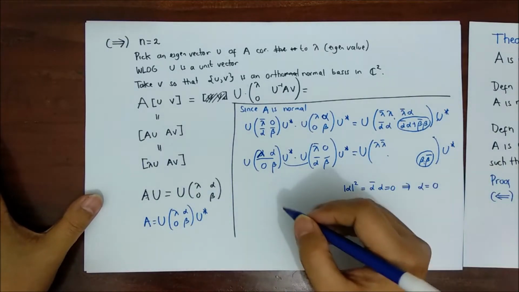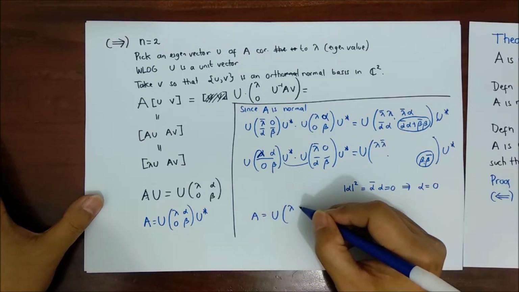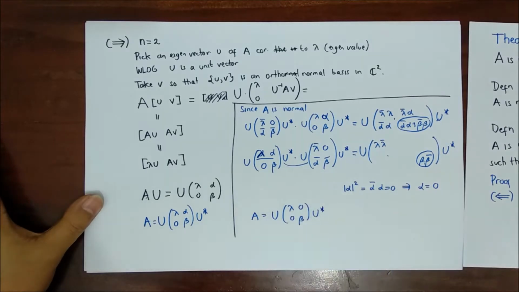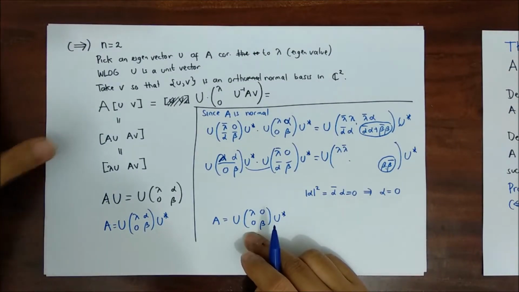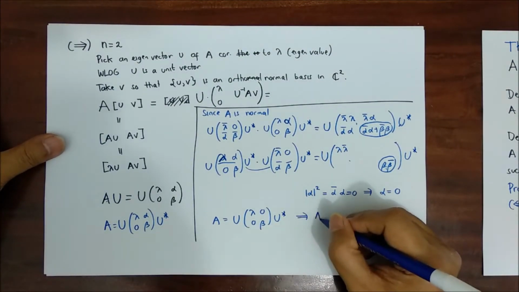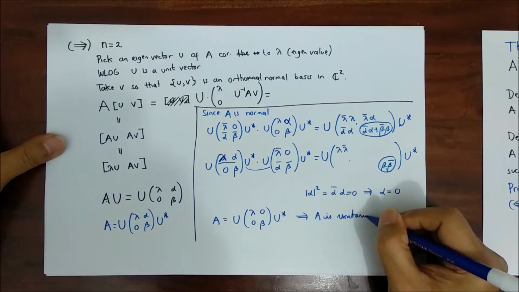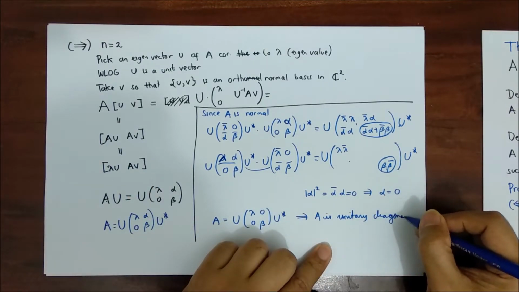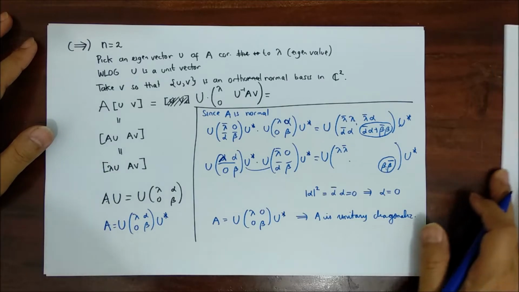So if alpha is 0, then we have A equal to U times (lambda, 0; 0, beta) times U star, which means that A is diagonalizable by this exact U. So A is unitary diagonalizable. Okay, that's only for n equals 2.